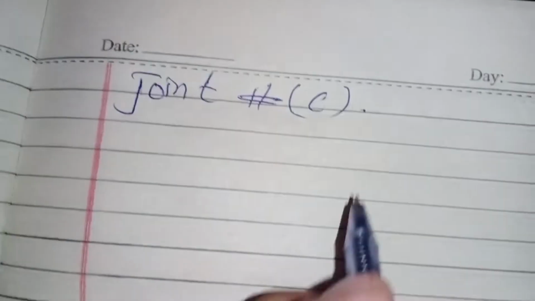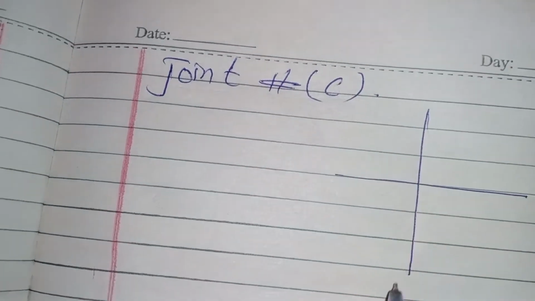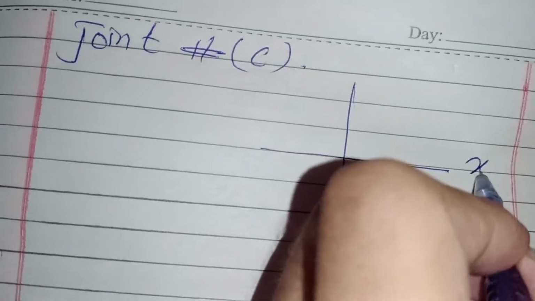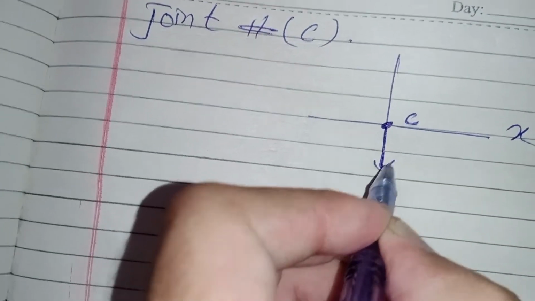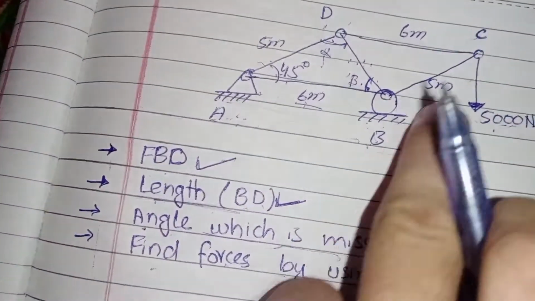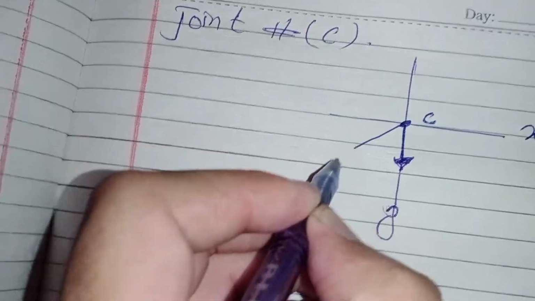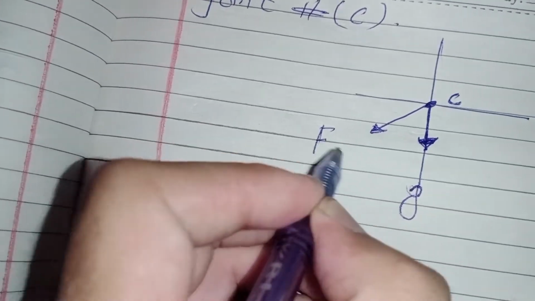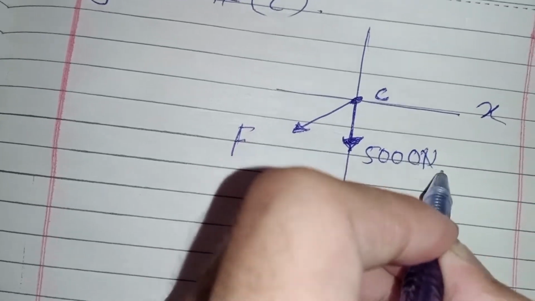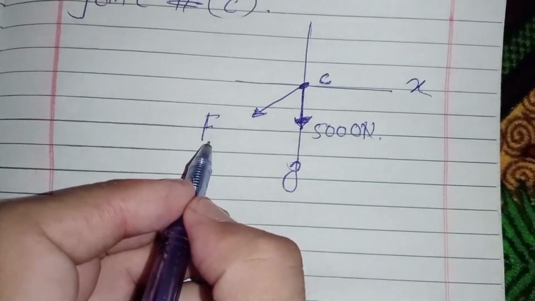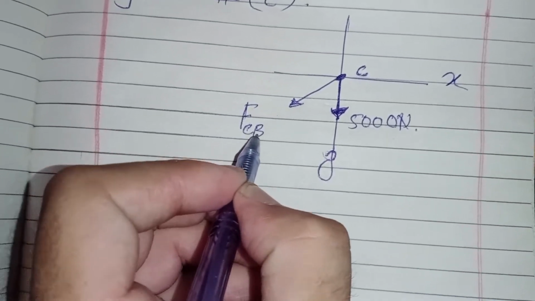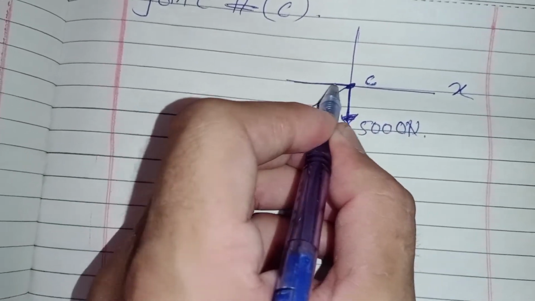Okay, so I draw it in the xy plane. This is joint C, this is one force which is directed toward down, and this is another force of 5000 Newton, and this force CB, force in member CB, and this is another force in member CD.